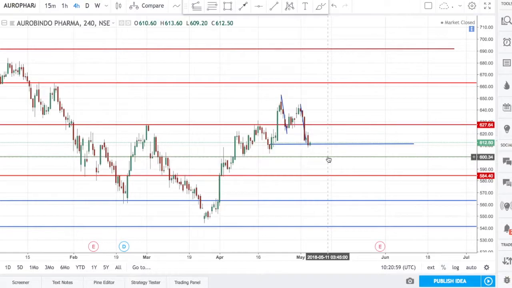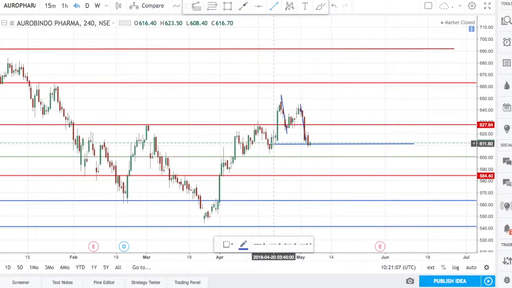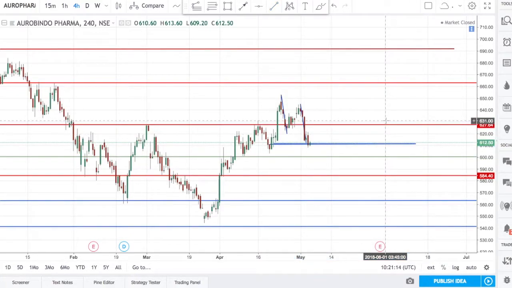As you can see here, the completion of the ABCD pattern is almost exactly at this level. Let's draw a line there.